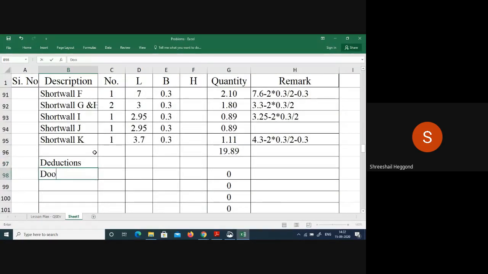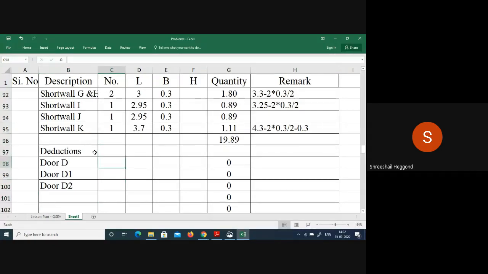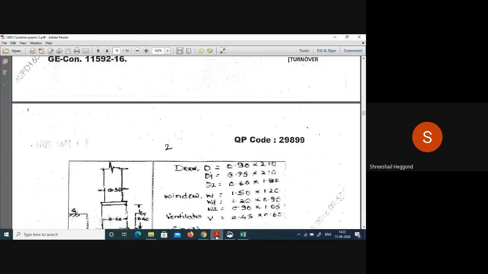Door D, door D1, door D2. Only 3 varieties, there are no other components. D is 1 variety, and D1 type of doors are how many? How many D1s are there?